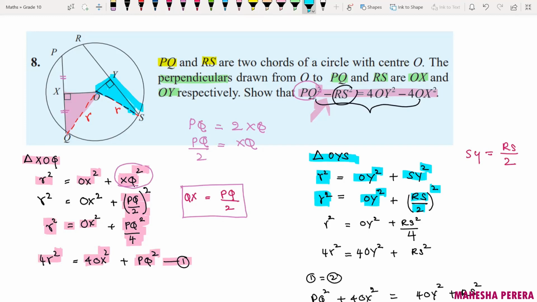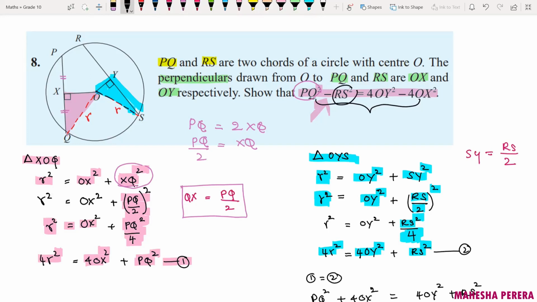When you square it, you get RS squared over 4. To get rid of the 4, you have to multiply each term by 4. So you get 4R squared equals 4OY squared plus RS squared. Now this is your second equation.